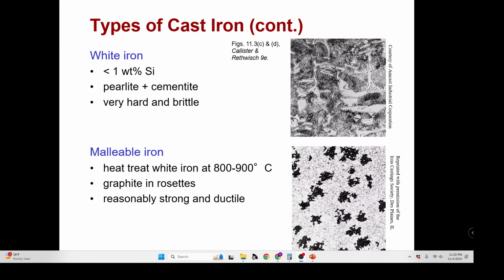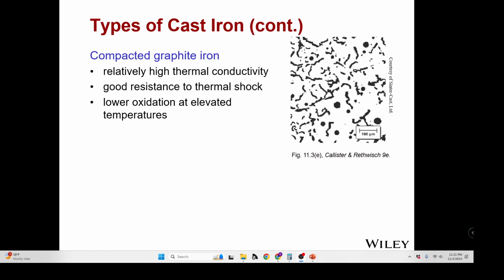Malleable iron is heat-treated white iron at 800 to 900 C, sufficient that you get graphite rosettes. You get some strength and some ductility. It's still not going to be ductile like steel, but it's going to be a little better. And then you have compacted graphite iron. This has relatively high thermal conductivity, good resistance to thermal shock, and lower oxidation at elevated temperatures.